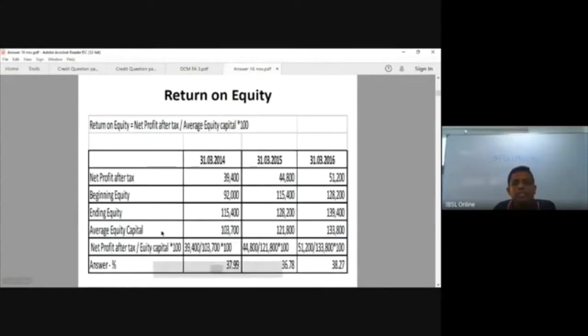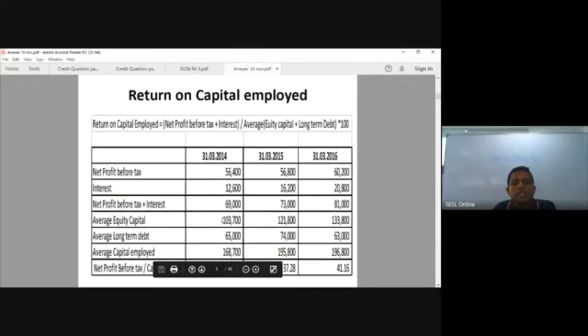I have taken these figures directly from the previous ratio computation: 103,700, 121,800, 133,800.